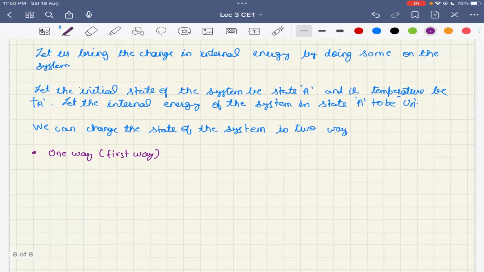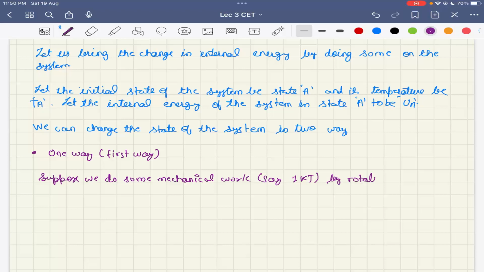Suppose we do some mechanical work, say 1 kilojoule of work, by rotating small pedals and thereby churning the water.